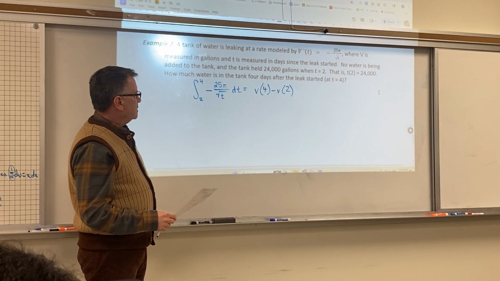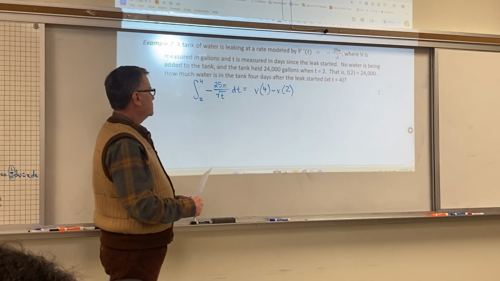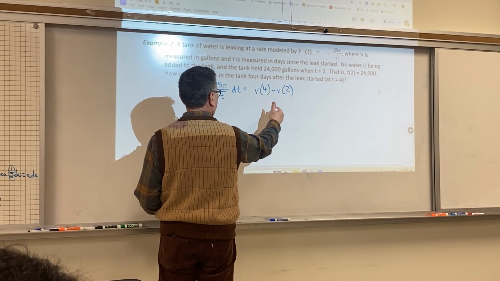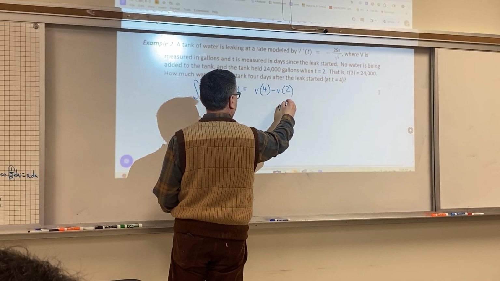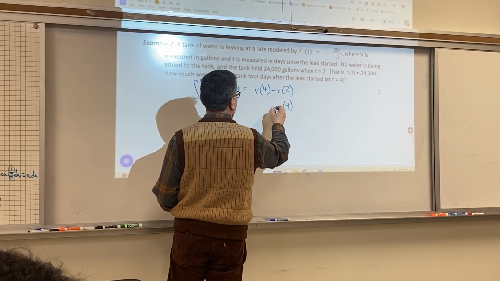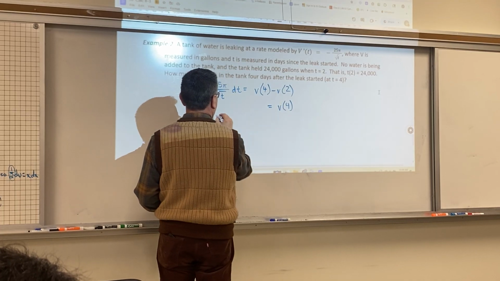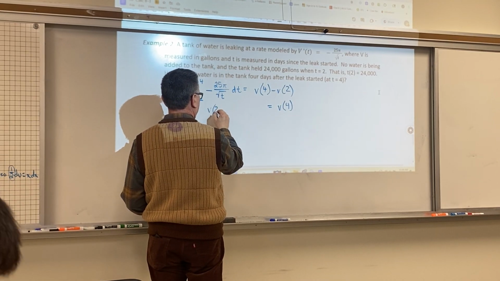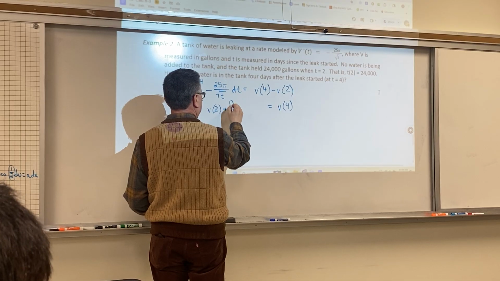And so let's see, it looks like I've got V of t, so why don't I isolate this? Do it this way. How much water's left? So we can do V of 2 plus this.